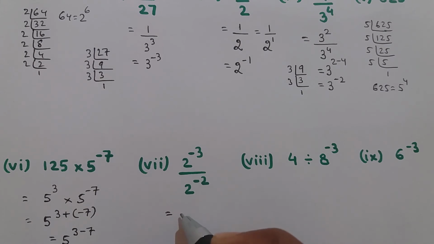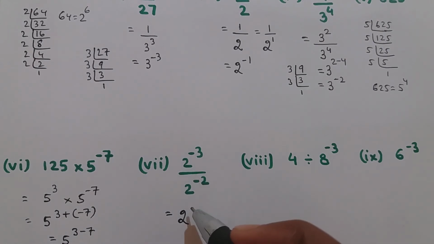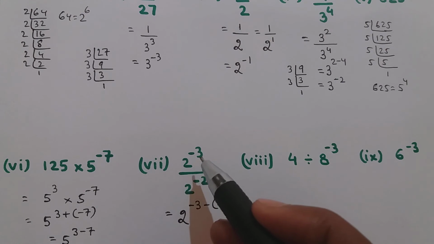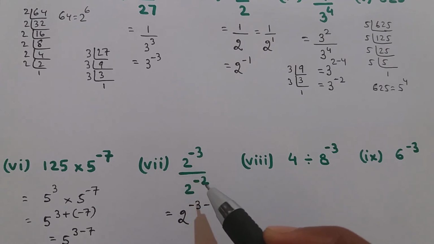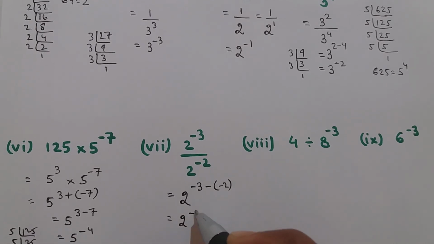So the answer will also have the same base 2, and the power will be the subtraction of these two powers. So it will be minus 3 minus minus 2. You have to subtract these two powers. So minus 3 minus minus 2, that is equal to 2 raised to the power minus 3, minus into minus is plus, so plus 2.